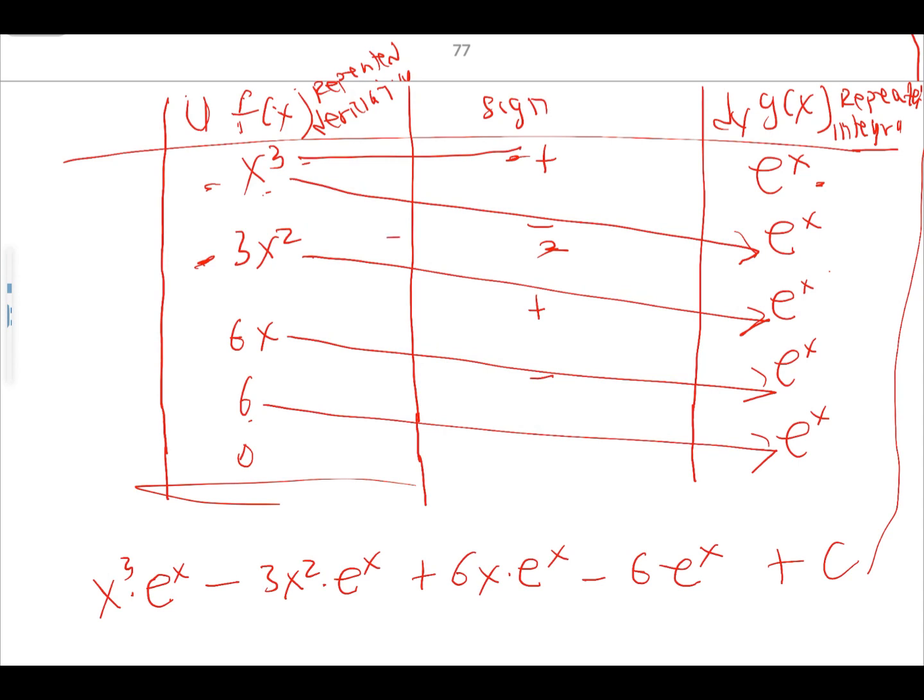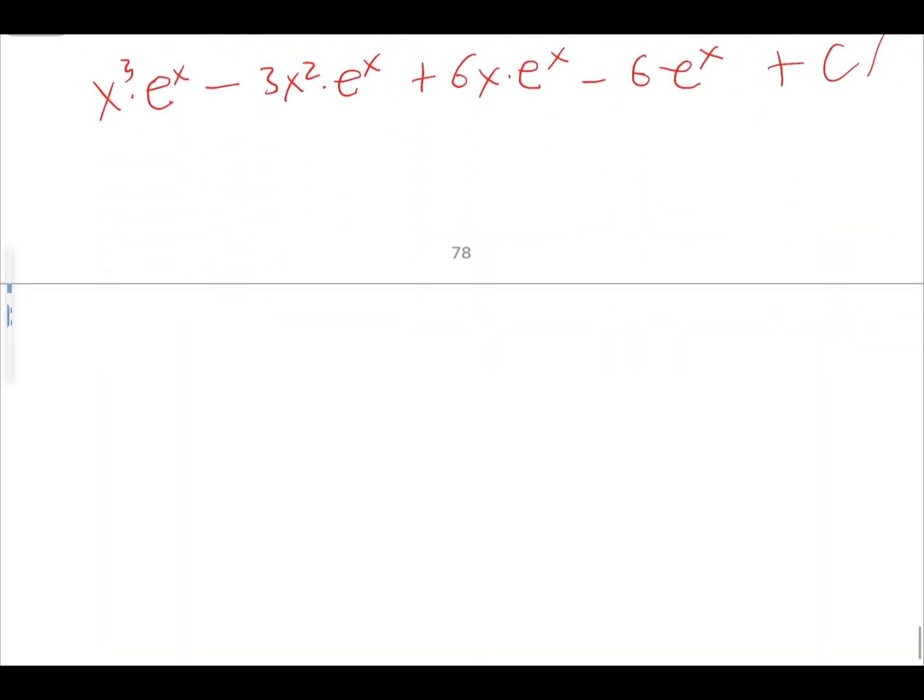And then from there you cross this, and then you tally the sign with this, and you'll be good to go. So this is the tabular approach, and I believe that this is a very simple approach. Use it to try other examples, and I know that it will help you a lot.